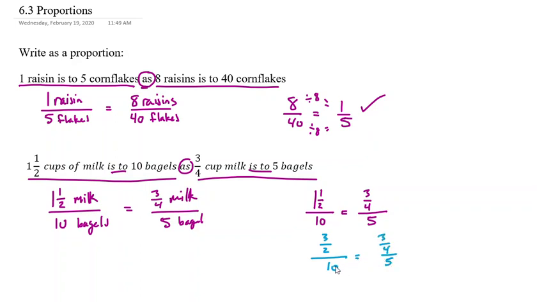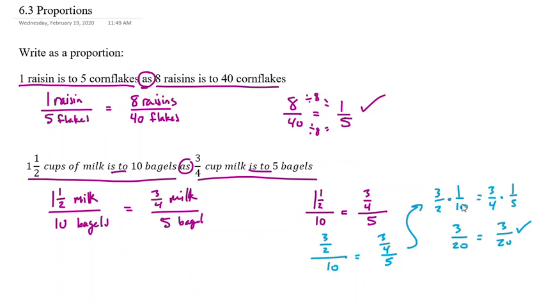When I divide by 10, it's the same as multiplying by 1/10. So this is 3 halves times 1/10 equals 3/4 times 1/5. And 3 times 1 is 3, and 2 times 10 is 20. 3 times 1 is 3, and 4 times 5 is 20. And so yes, the two fractions in reduced, simplified form are equal to each other.